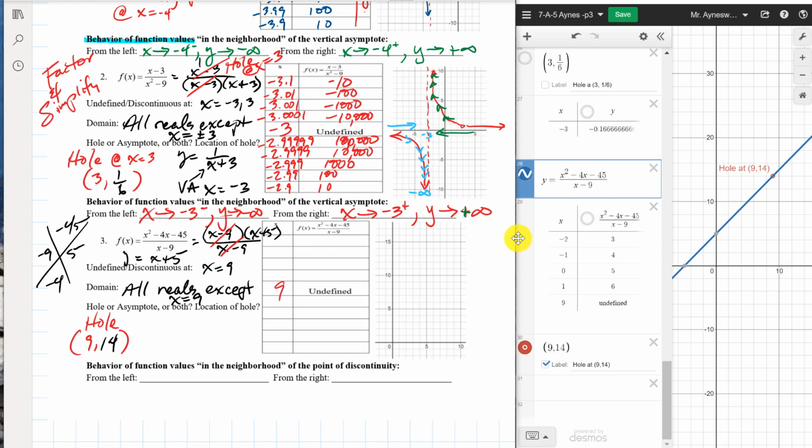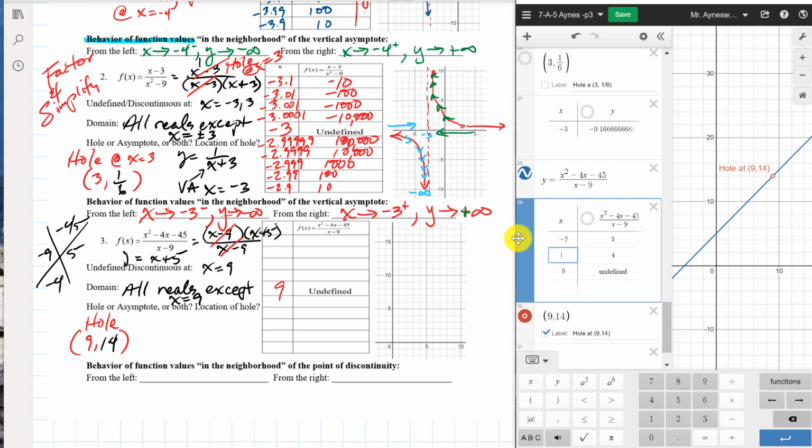What happens when you approach it to the left, and what happens when you approach it to the right? Let's go on the left side. Let's get close, like 8.9. Let's get closer, about 8.99.